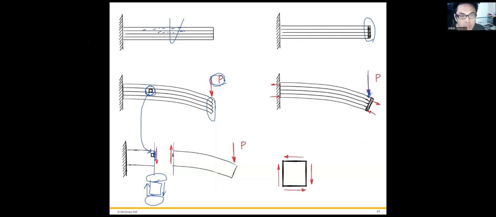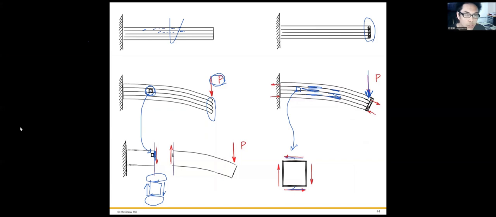What situation do we have to consider for a small element? In this case, there's a shear between the plates, right here between the plates.